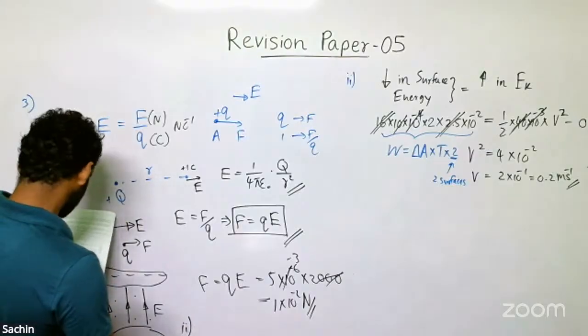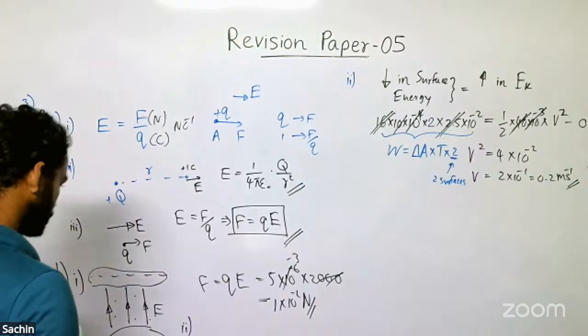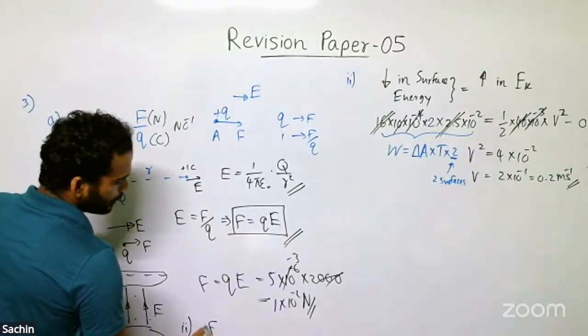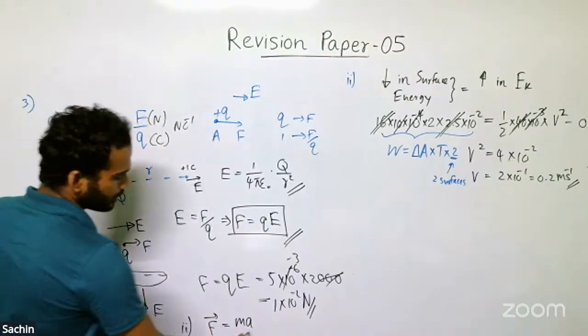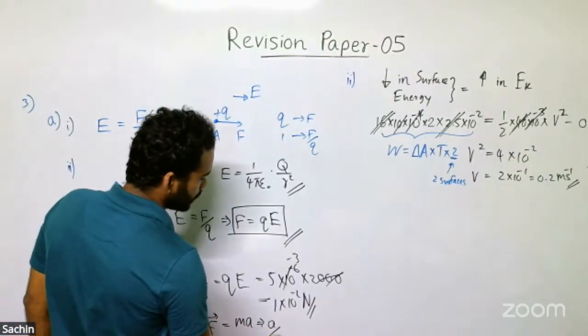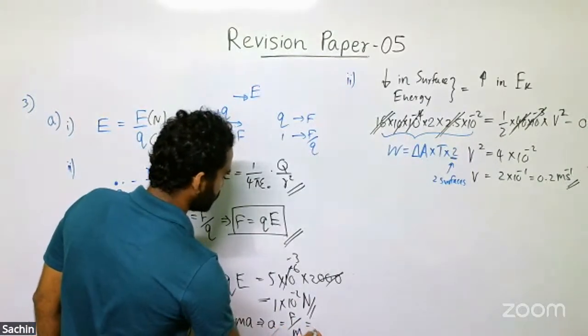Okay, second part. Find the acceleration of the ball. How do you evaluate the acceleration? When you have the mass and the force, you can calculate the acceleration using Newton's second law: acceleration is equal to force divided by the mass.